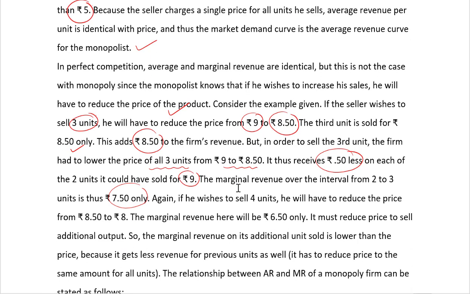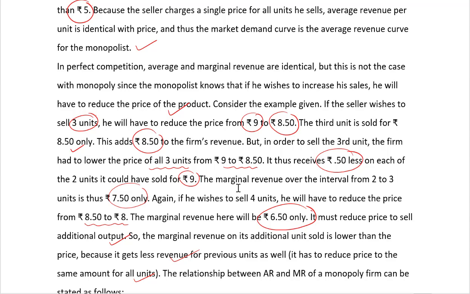Again, if he wishes to sell 4 units, he will have to reduce the price from 8.5 to 8. The marginal revenue here will be 6.5 only. It must reduce the price to sell additional output. So the marginal revenue on the additional unit sold is lower than the price because it gets less revenue for previous units as well. It has to reduce the price to the same amount for all units.